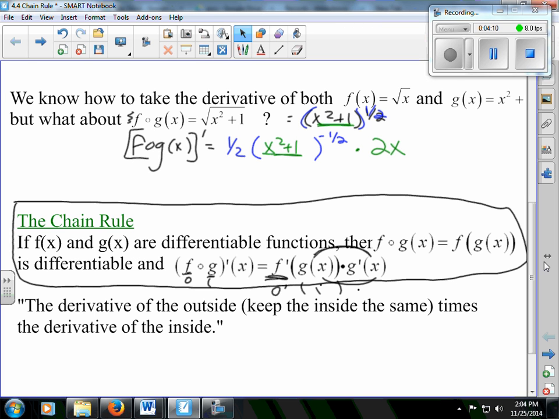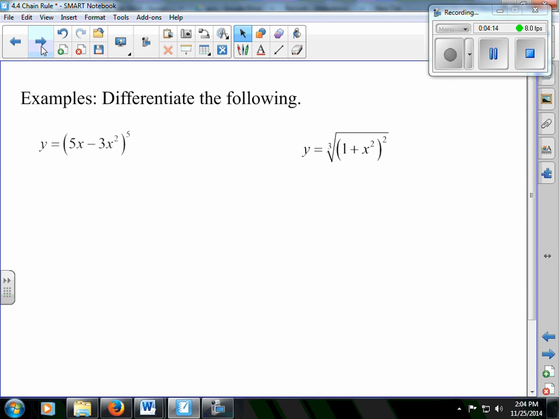Okay, the whole rest of the time in this lesson, we're going to be doing examples. I'm going to keep my outside in blue again. So in this first example, number 1 here, y is 5x minus 3x squared to the 5th power. One way of knowing what the outside function is: the outside function is the operation you would perform last if you were plugging in a number.